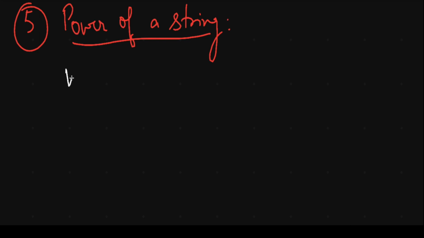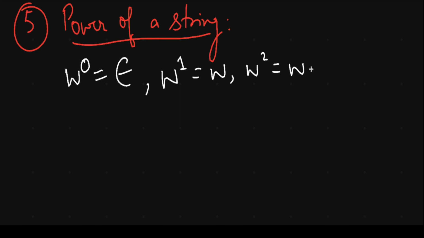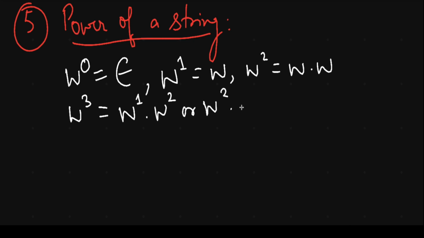For example, consider a string W. A power of 0 is an empty string known as epsilon. Power of 1 will give W. Power of 2 will give concatenation of W with W. W power of 3 would give W power of 1 concatenated with W power of 2, or W power of 2 dot W power of 1.